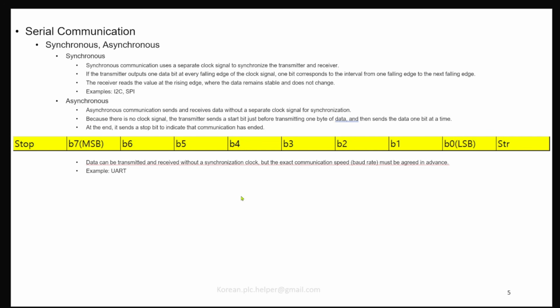The next slide explains synchronous and asynchronous communication. First, let's look at synchronous communication. Synchronous communication uses a separate clock signal to synchronize the transmitter and the receiver. Data is transmitted and received according to this clock signal.